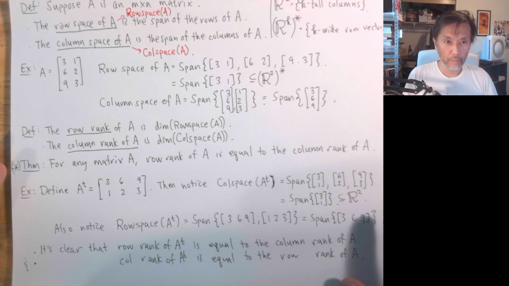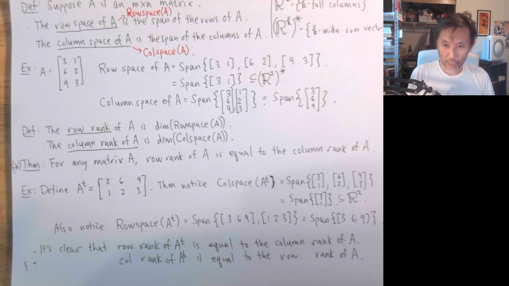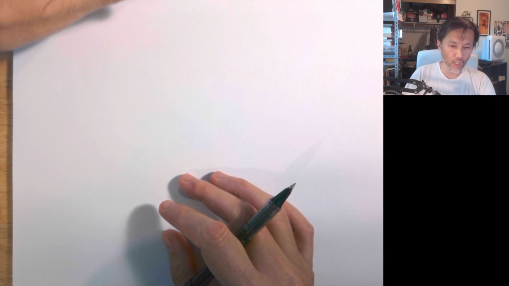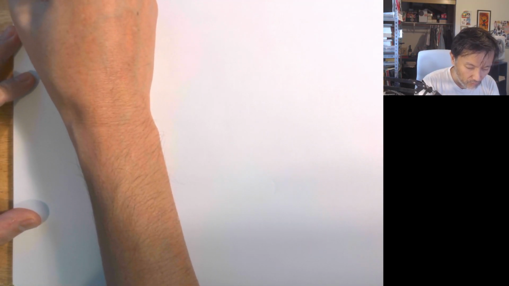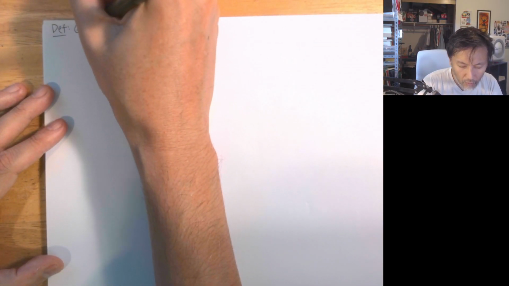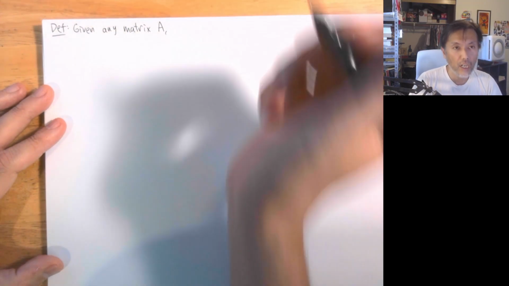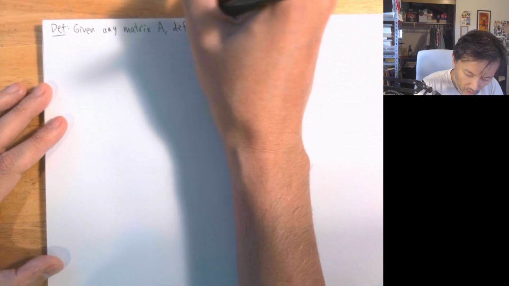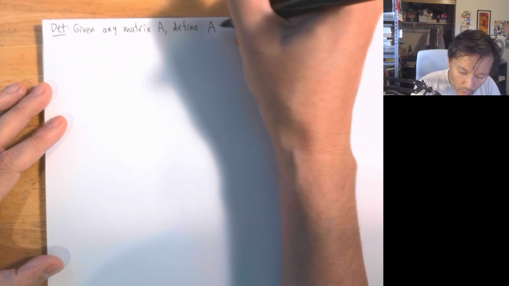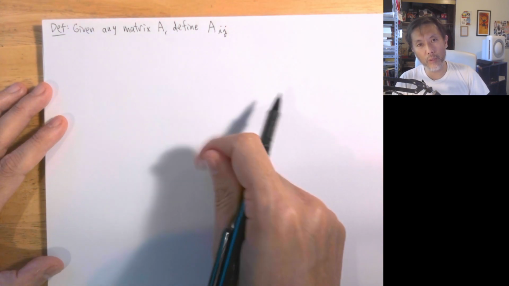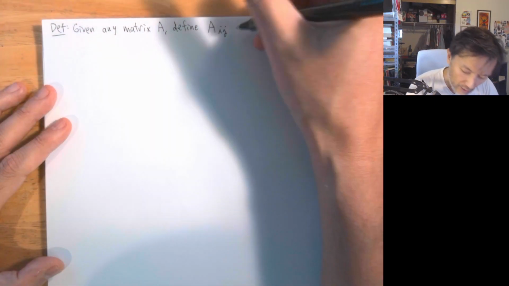Now, let me define formally what I mean by A transpose. Definition. Oh, and let's establish some notation for the entries of a matrix. So, given any matrix A, let's define, for convenience, if I write A with ij in the subscript, this is going to be the ij entry.